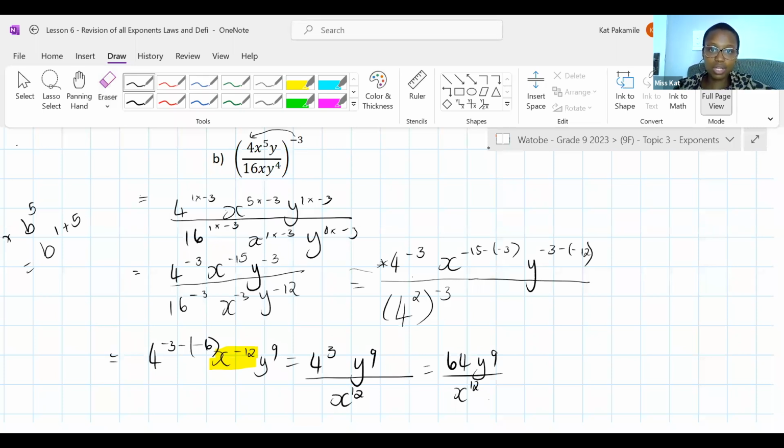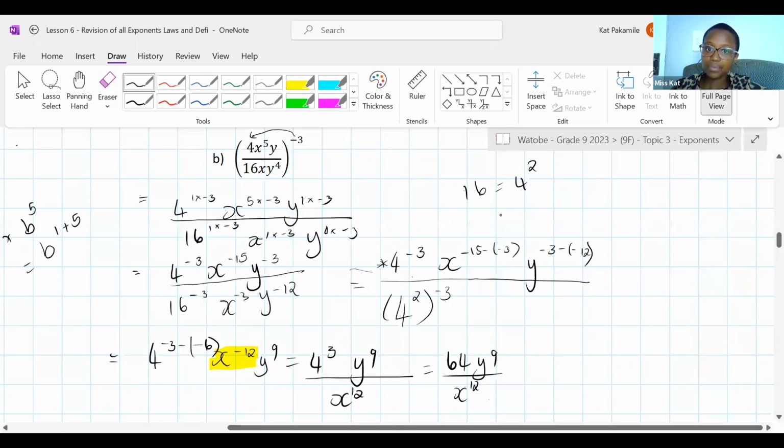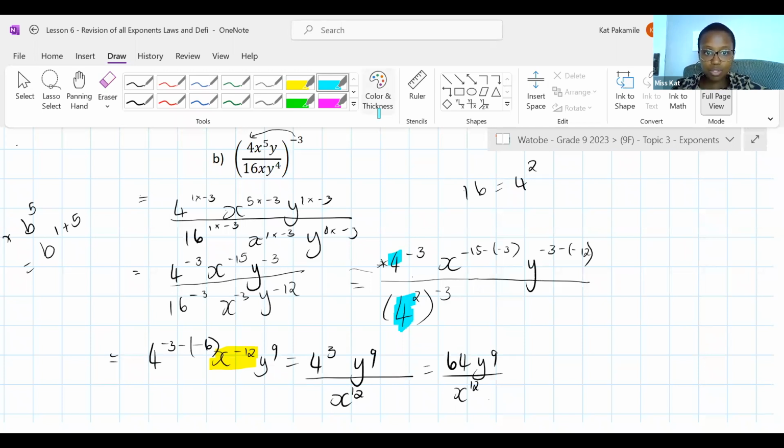We're working with exponents, right? Do you agree that 16 is the same as 4 squared? Wonderful. So what I did was I changed this to have the same base so that we can apply the laws of exponents.